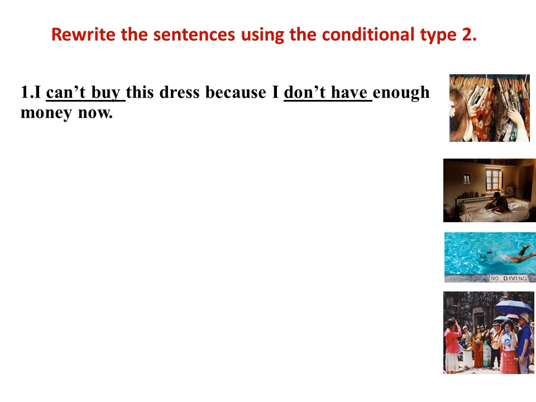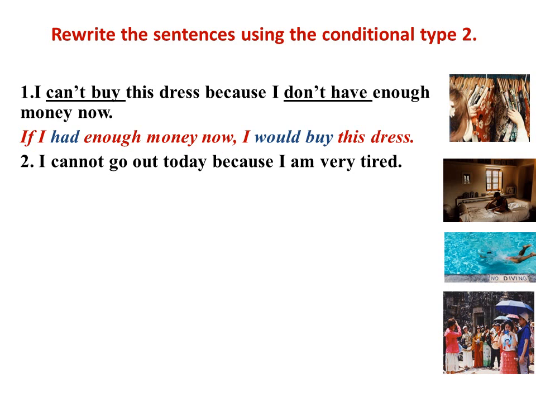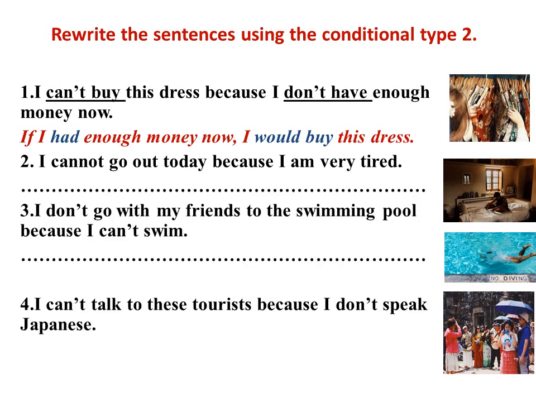So if you imagine the unreal situation, what would you say? We can say if I had enough money now, I would buy this dress, but the reality is that she doesn't have enough money. Okay, so you finish the other sentences and then you continue the video to check your answers.